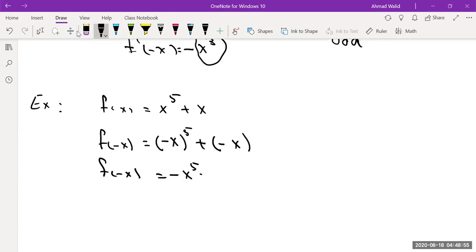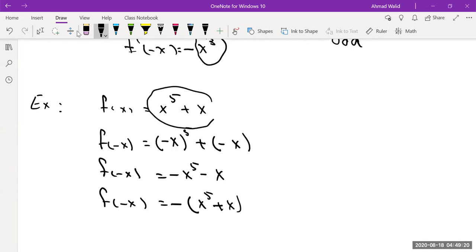Positive times negative gives you another negative, minus x. Look, here both of them are negative. If I want to take negative as a common factor, it becomes like this: f of negative x equals negative x to the power of 5 plus x. I took just negative as a common.